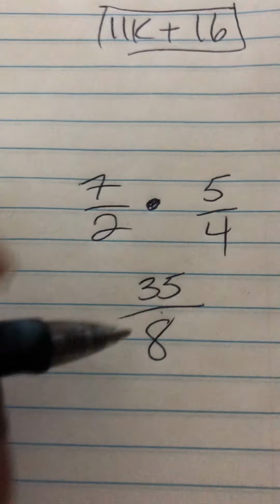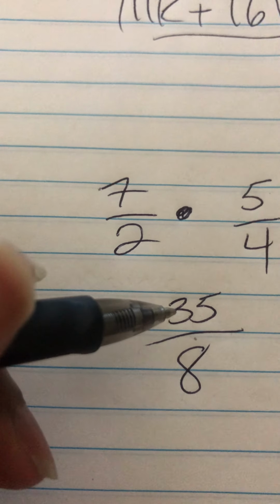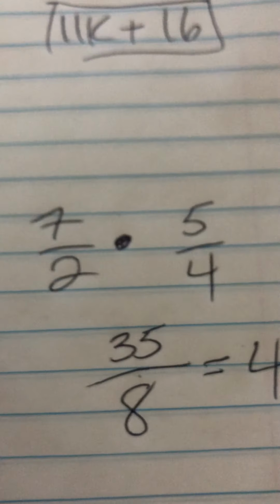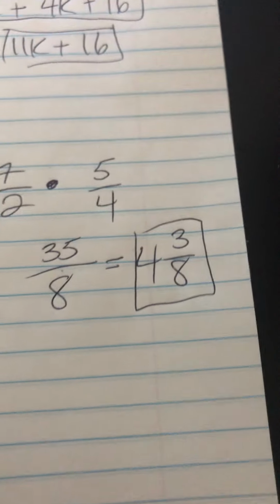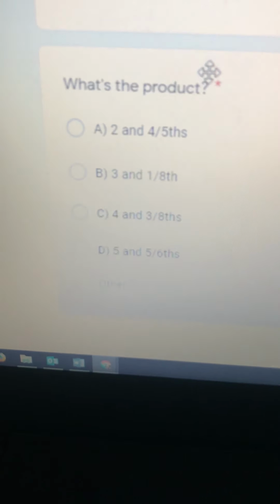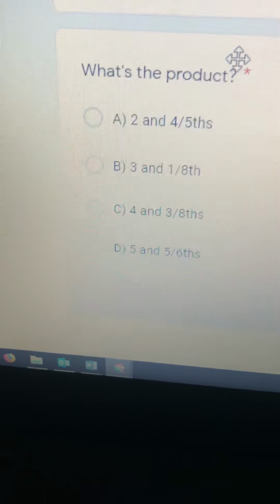And then we say, well, how many times can 8 fit into 35? 8 fits in 35 4 times. 35, take away 32 is 3. And then we're left with 8. So 4 and 3/8 is our final answer. And is that a response on here? And there it is, ladies and gentlemen. It is letter C. And we are officially done with this week.